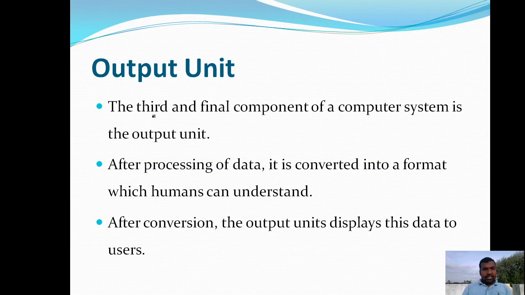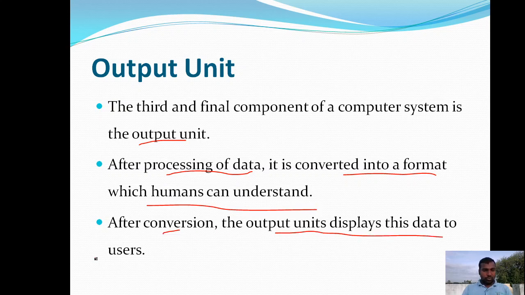The third and final component of the computer system is the output unit. After the data is processed by the central processing unit, it is converted into a format which humans can understand, and after conversion the output unit displays this data to the user.